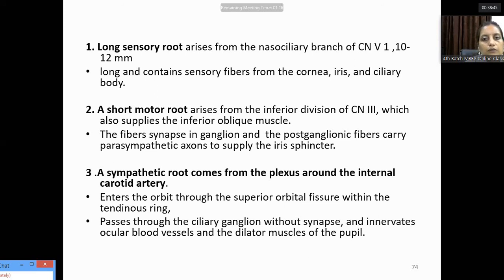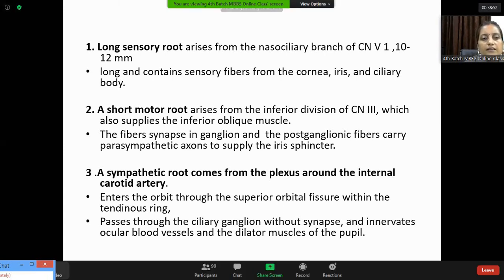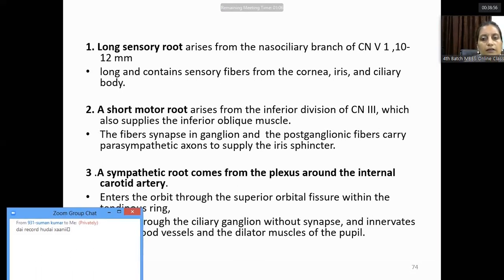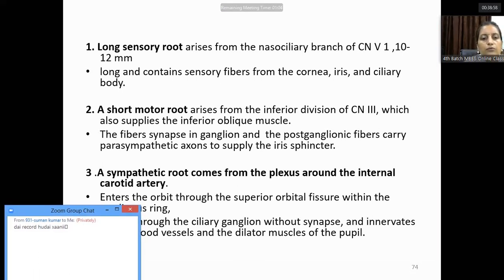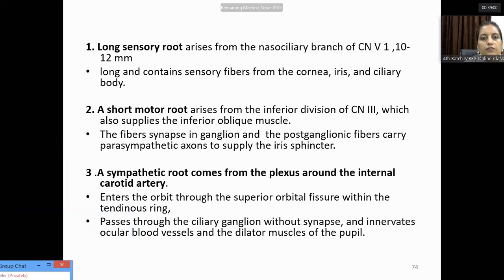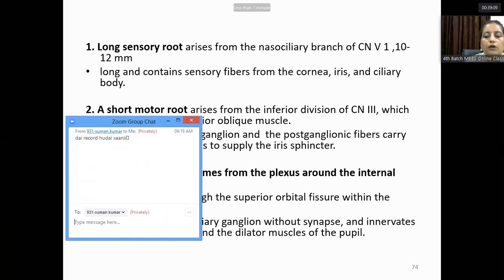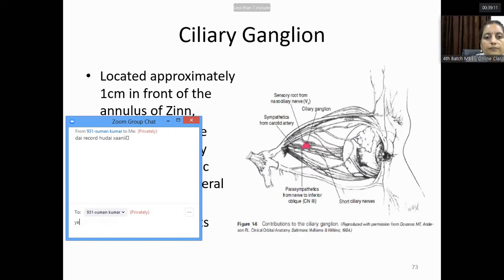The long sensory root contains sensory fibers from the cornea, iris, and ciliary body. The short motor root comes through the division of the third nerve, and the sympathetic root through the superior orbital fissure within the tendinous ring. So this is the orbit anatomy, a few important landmarks, and a few pathological conditions.